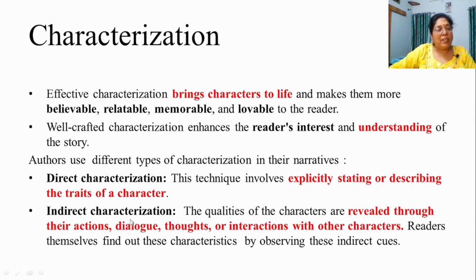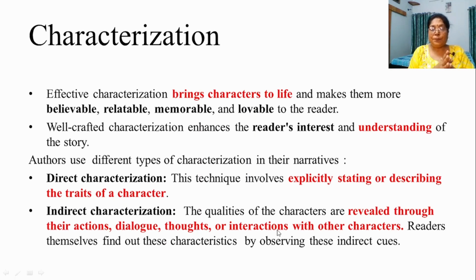And what is indirect characterization? In this type of characterization, the qualities of the character are revealed through their actions, dialogues, thoughts, or interactions with other characters. Readers themselves find out these characteristics by observing these indirect cues.